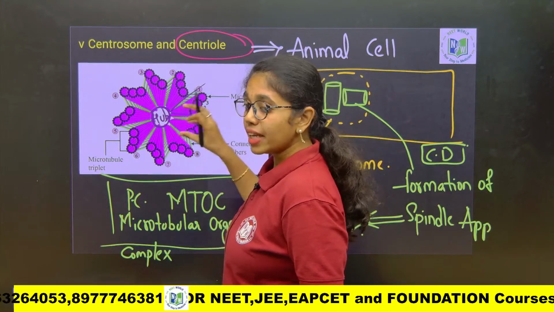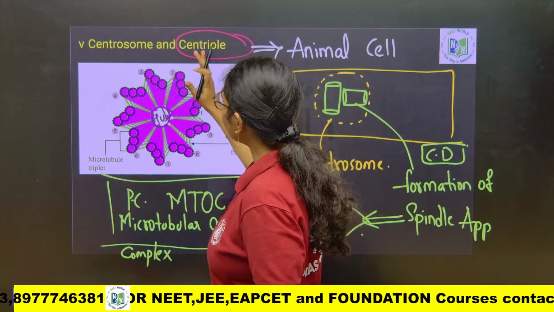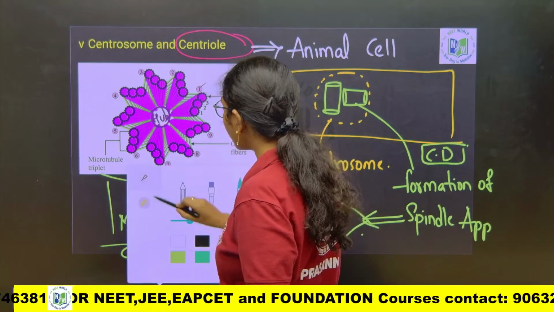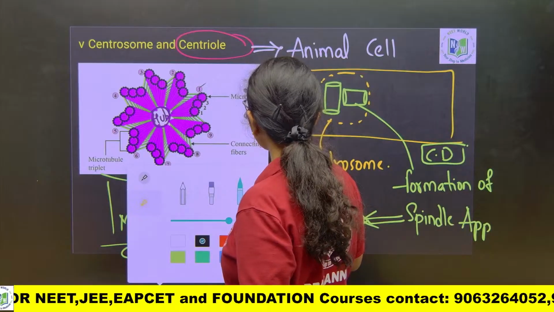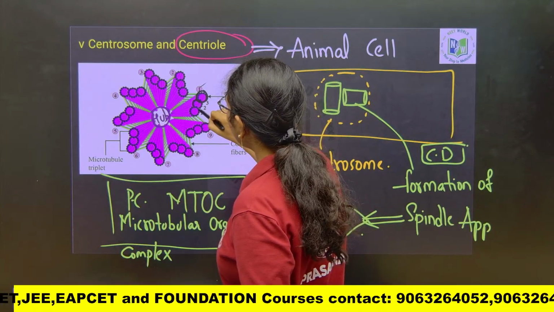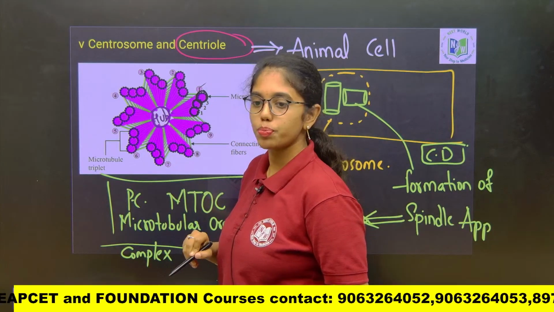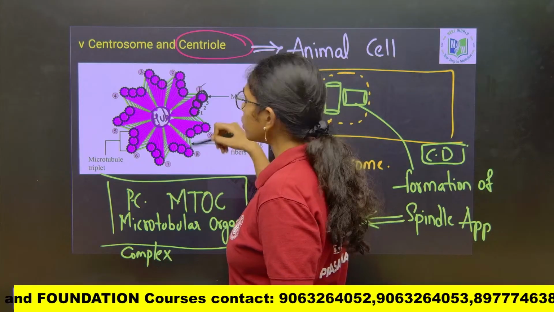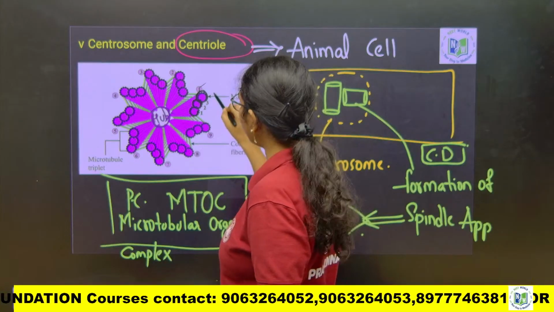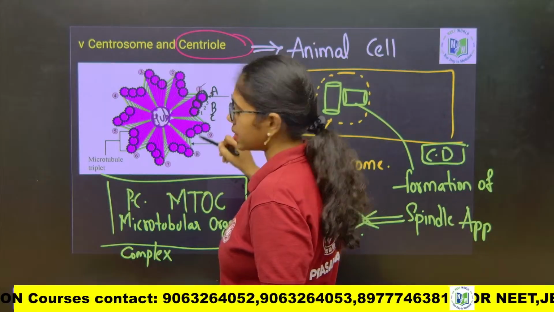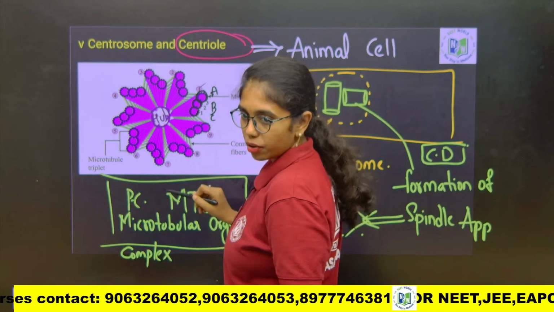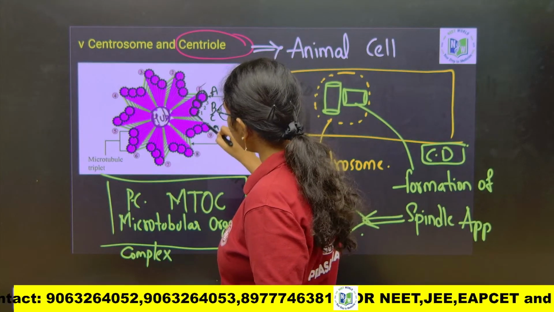For each radial spoke, there are 3 microtubules. How many microtubules? 3 microtubules for each radial spoke. Let us name these 3 microtubules A, B and C. C of one microtubule is connected to A, which we call CA connections.